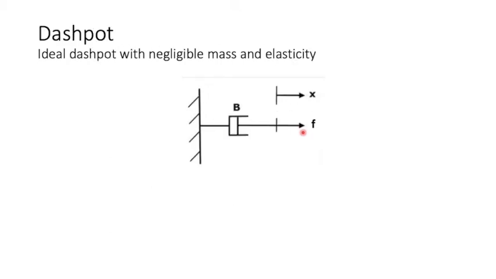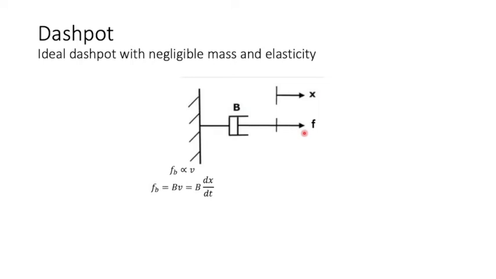We have the third element, which is the dashpot. Notice that all the components are connected to a fixed reference station. So here we have an ideal dashpot with negligible mass and elasticity being applied by a force of F. So the opposing force Fb is now proportional to the velocity in the system.